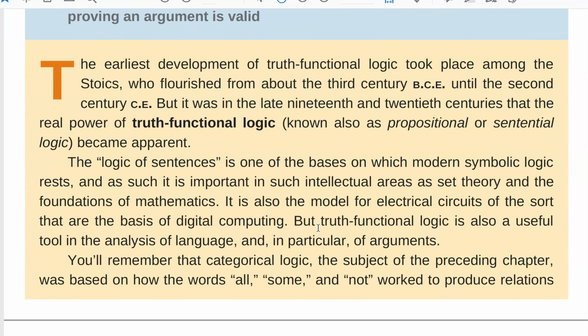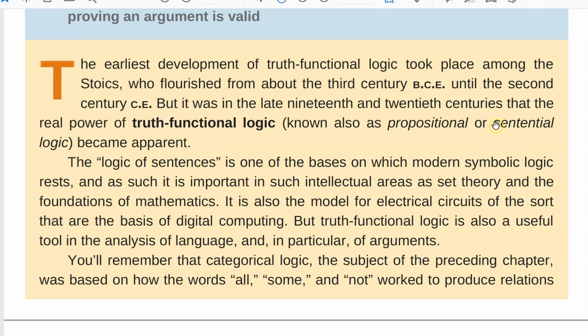So, I like the background of this. The earliest development of truth functional logic took place among the Stoics, who flourished from about the 3rd century BCE until the 2nd century CE. But it was in the late 19th and 20th centuries that the real power of truth functional logic, which is also known as propositional logic and sentential logic, became apparent.